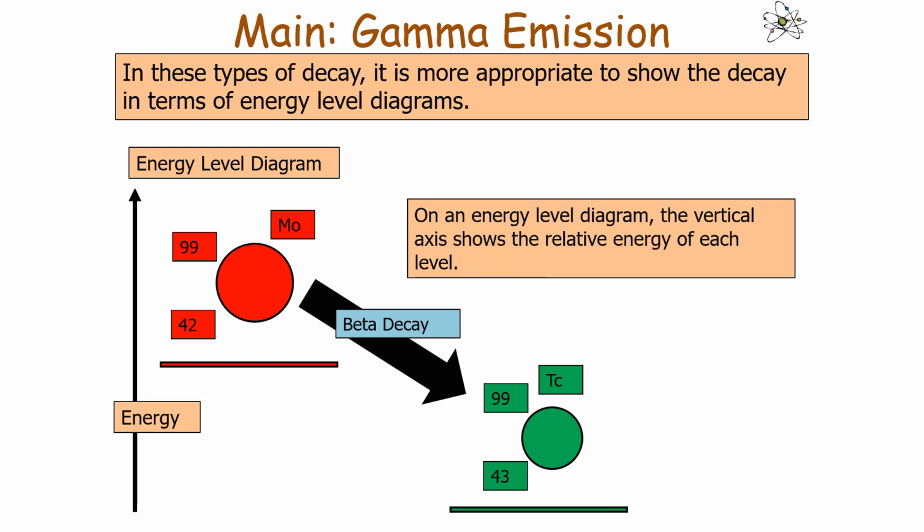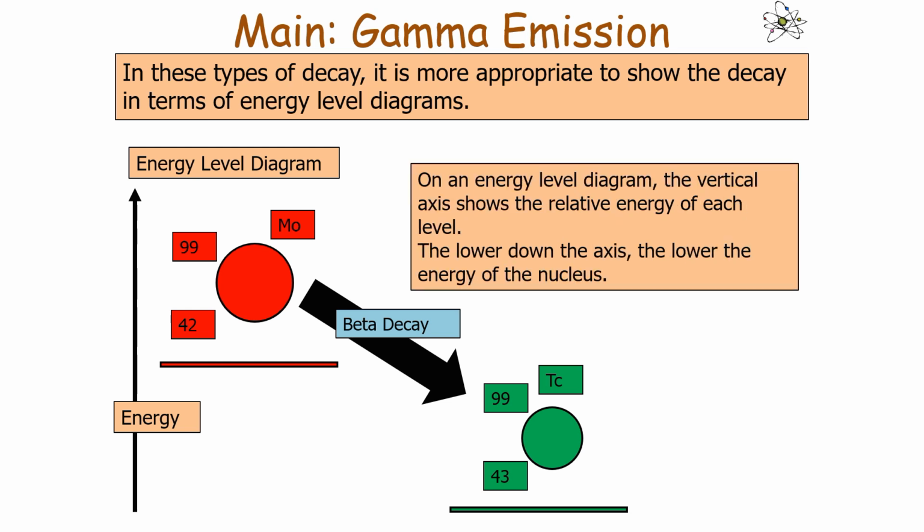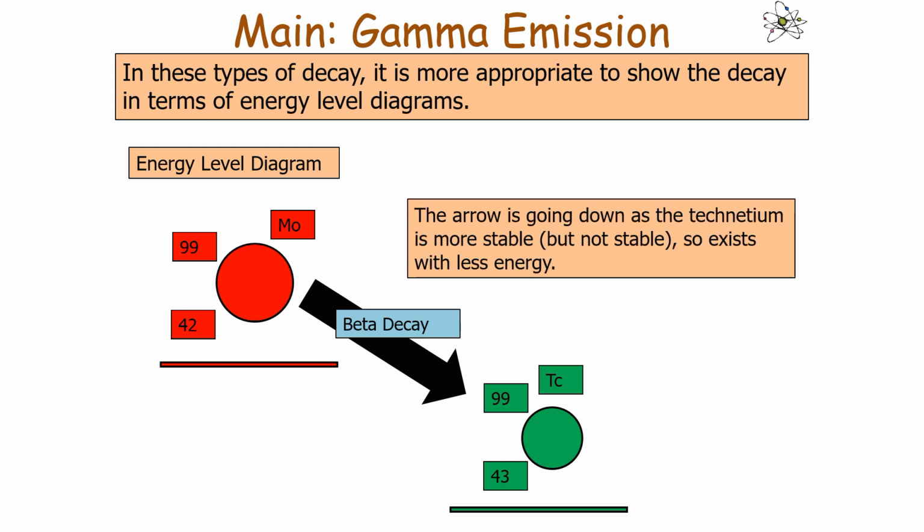On an energy level diagram, the vertical axis shows the relative energy of each level, so the lower down the axis, the lower the energy of the nucleus. In this case the arrow is going down because the technetium is more stable but not completely stable, so it exists with less energy, so it's lower down on our energy level diagram.